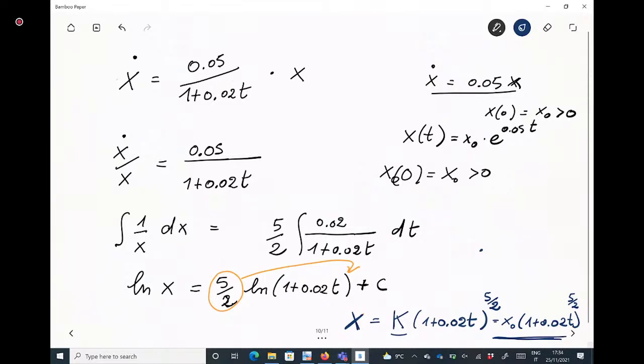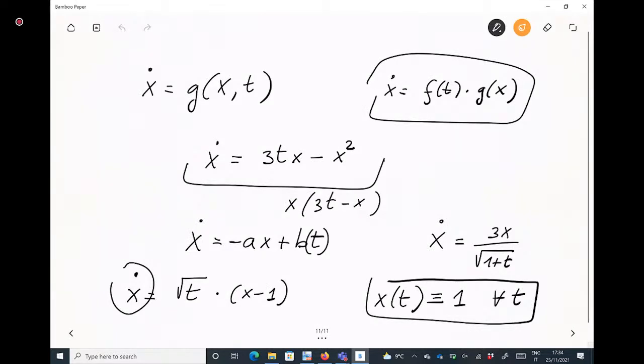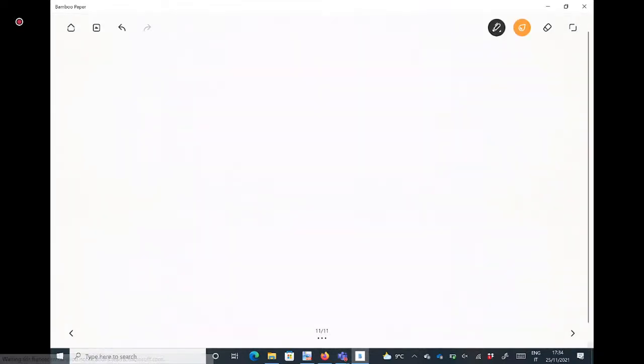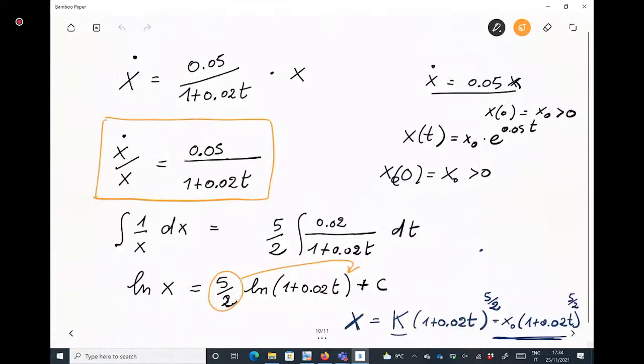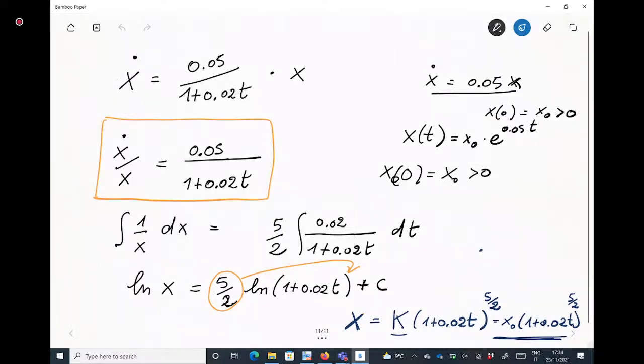So we want that our solution satisfies the differential equation, which is like this, okay? So we want that our solution has a growth rate which is exactly as specified by the differential equation. Okay, so we want to verify the solution, and this is the last step for today's class.